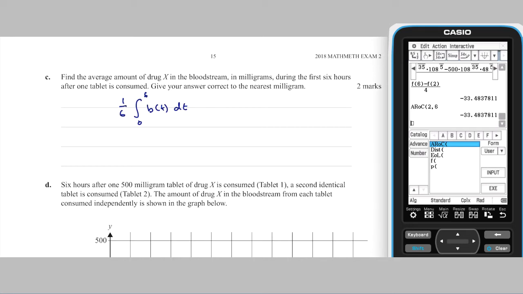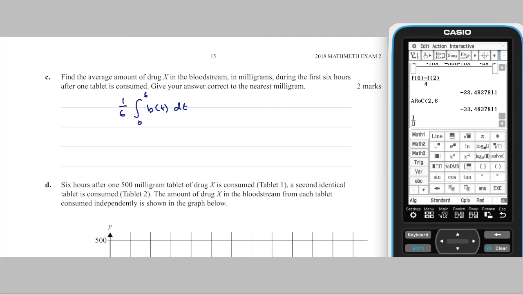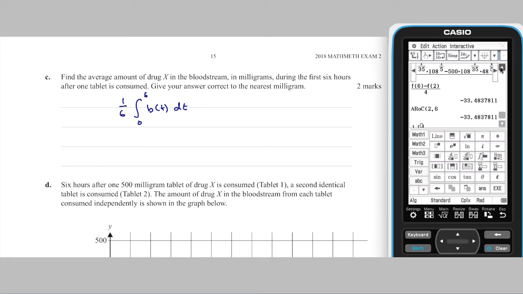I'll perform this calculation on my class pad. To the nearest milligram, this answer is 256.